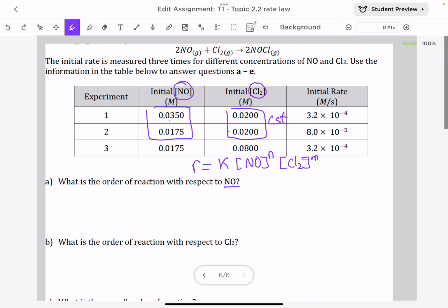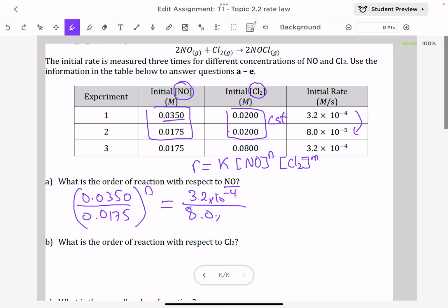You always divide the larger number by the smaller number. It makes the calculations much easier. So I'm calculating the order of NO, so it's the power of N. I divide the concentration of NO in trial 1 over the concentration of NO in trial 2. So I'll do the same for R: 3.2 times 10 to the power negative 4 over 8 times 10 to the power negative 5.